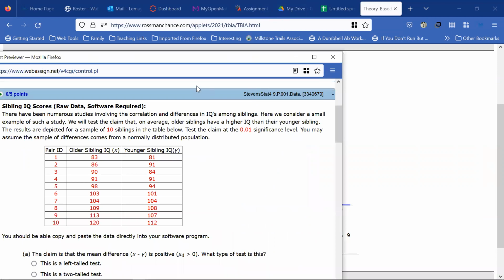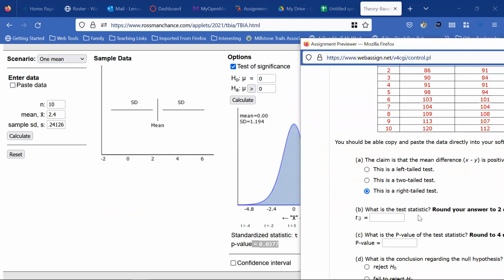Maybe I can slide this over so I can see it. So 2.01 it was. And then the p-value is 0.0377.